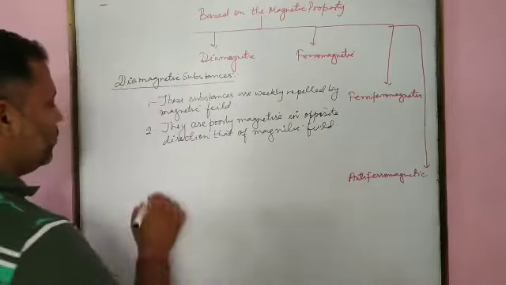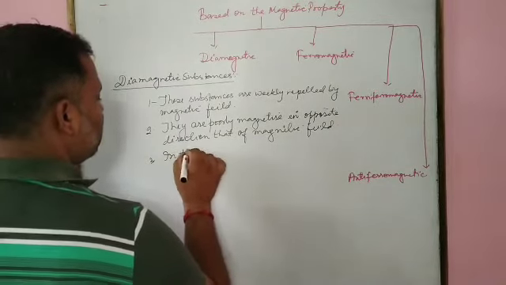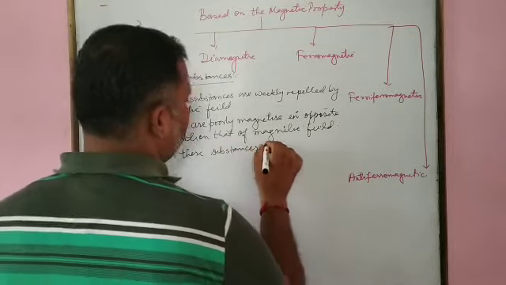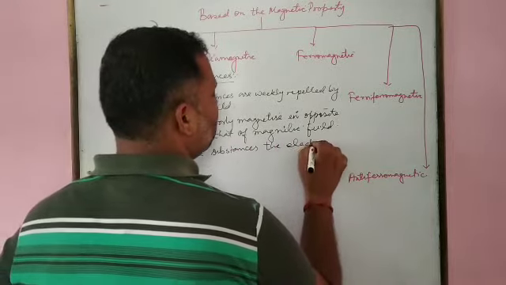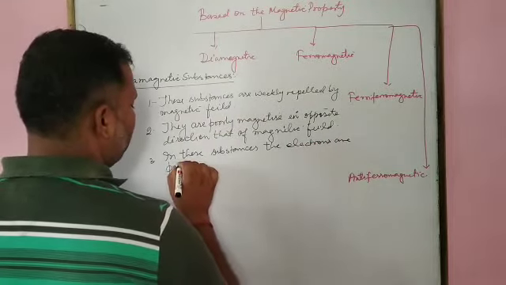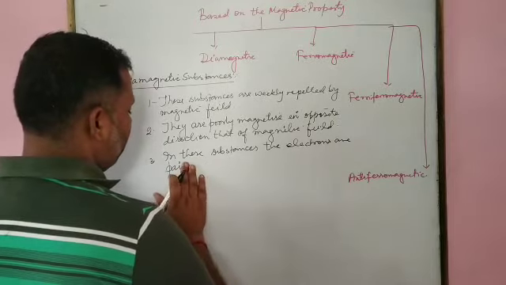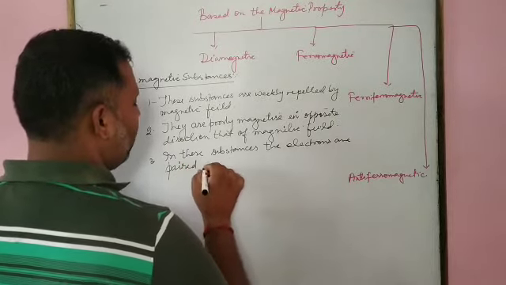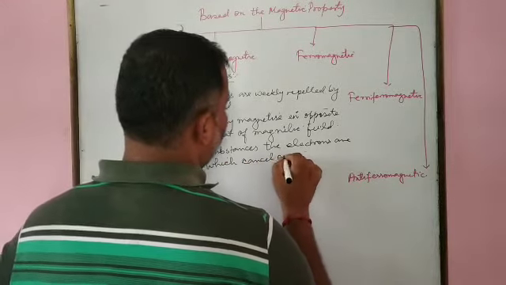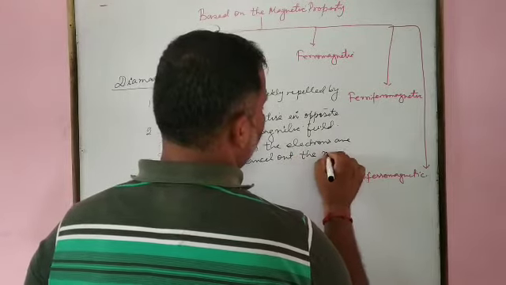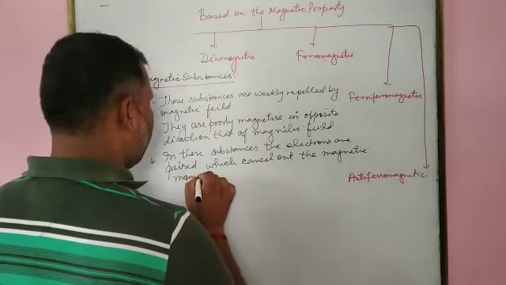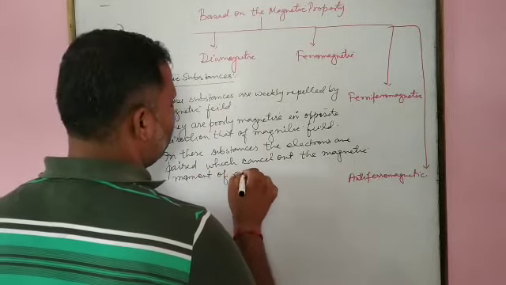Why is it so? Because in these substances the electrons are paired, which cancel out the magnetic moment of each other.